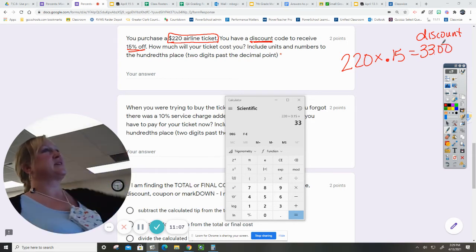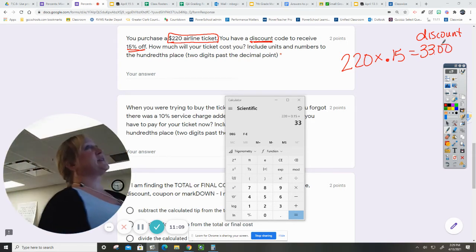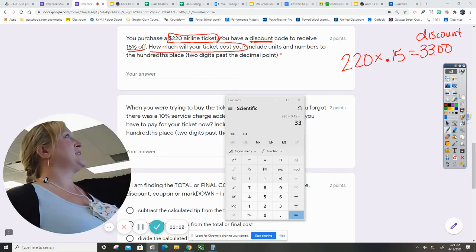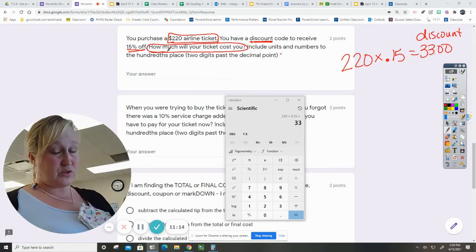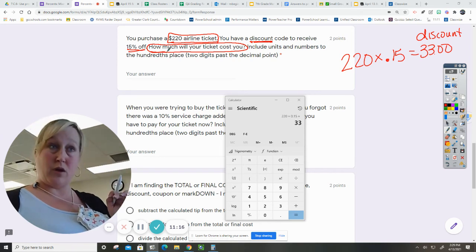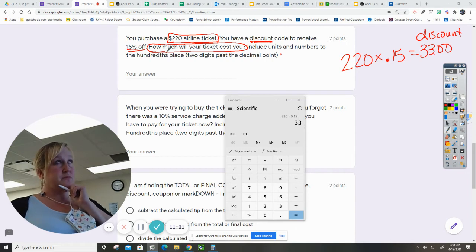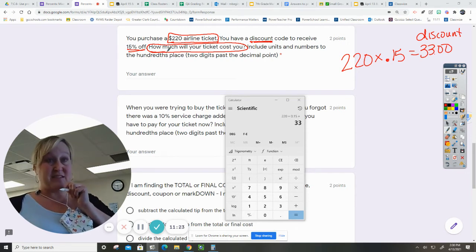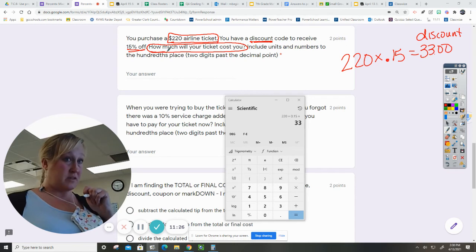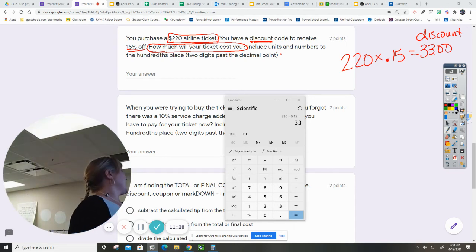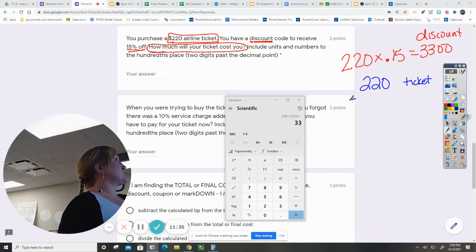Now, what is it asking? I want to make sure that I clearly do, how much will my ticket cost you? This is where students get it right or get it wrong. Is it asking me how much my discount is? No. It's asking me how much my ticket is going to cost me. So that means that I have to take the $220 ticket and subtract the $33 discount.